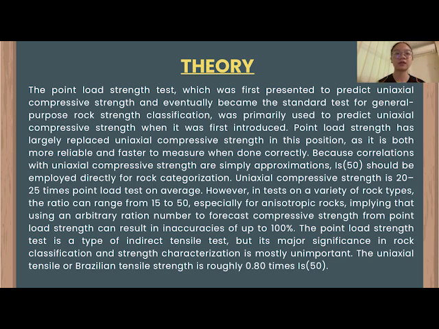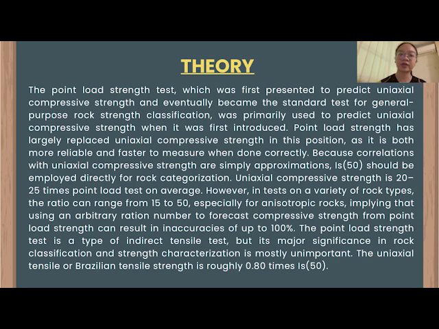Point load strength has largely replaced uniaxial compressive strength in this position, as it is both more reliable and faster to measure when done correctly. Because correlations with uniaxial compressive strength are simply approximations, the point load index should be employed directly for rock categorization.